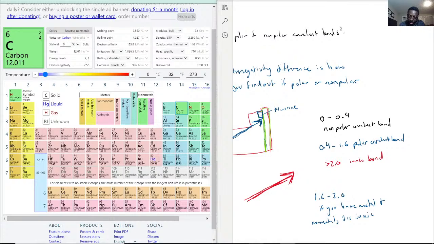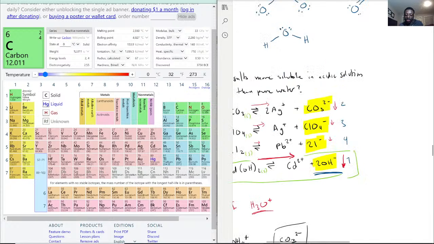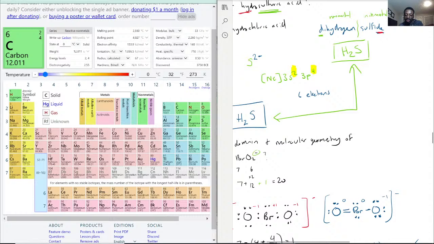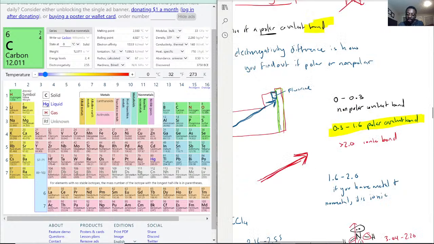Yes, so 0.4. The reason I made this quick change is that you notice carbon is 2.55 and hydrogen is 2.20, a difference of 0.35. But I know for a fact, based on my previous knowledge, that the hydrocarbon bond is known to be non-polar.